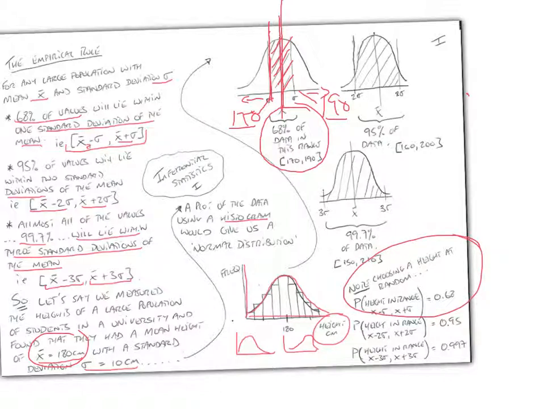Okay, and the empirical rule states that 95% of the data will fall between the ranges of the mean, which is 180, minus 2 times the standard deviation, so this would be 160 here, up to the mean, which is 180, plus 2 times the standard deviation, up to 200 centimetres. So 95% of the heights recorded would actually lie within the range 160 centimetres to 200 centimetres.